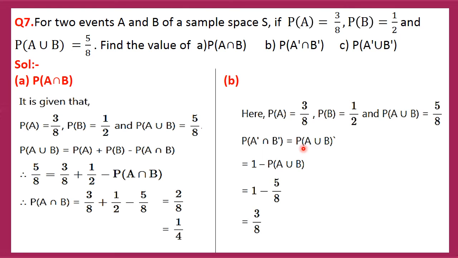So P of A union B the whole complement is calculated by 1 minus P of A union B, and P of A union B we have already, that is 5 upon 8. So substituting the value we get 3 upon 8.